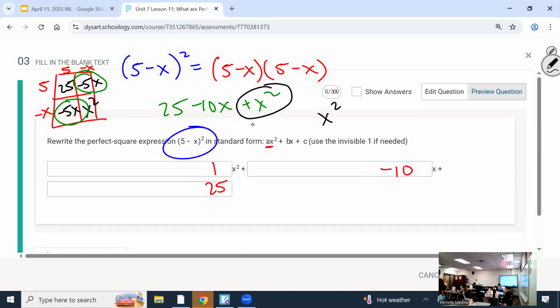So this is a positive x squared. This is a negative 10x. And this is a positive 25. And that's my ABC. All right, questions on this one? Questions on others?